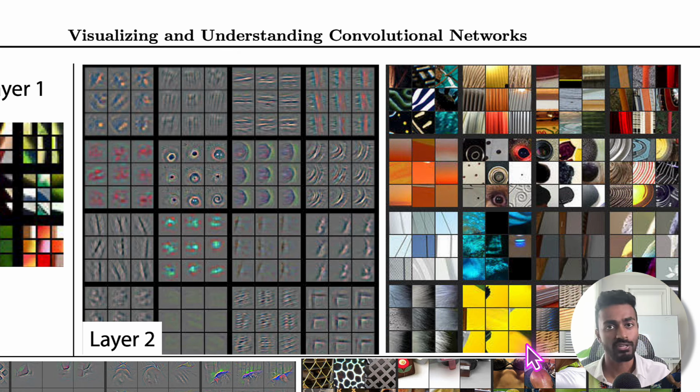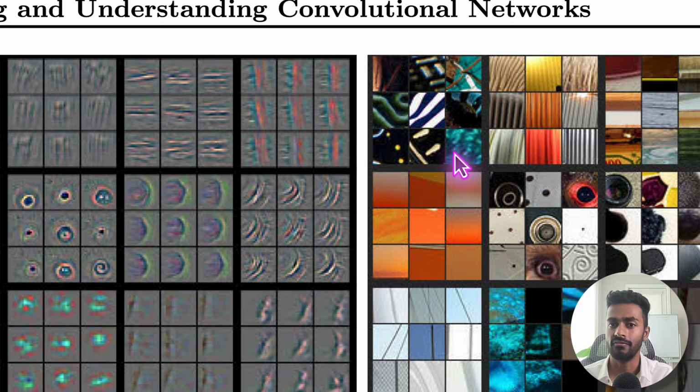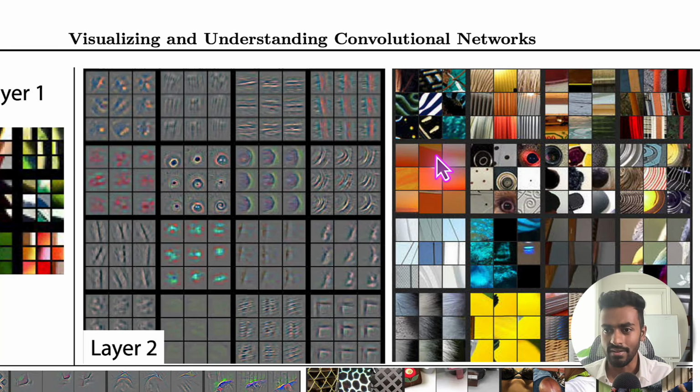And some of these feature maps are also good at detecting some form of pattern or texture. There are also some that detect directional edges, like vertical edges, or circular patterns. So you can see at a high level that these layer 2 feature activations specialize in detecting colors as well as patterns.